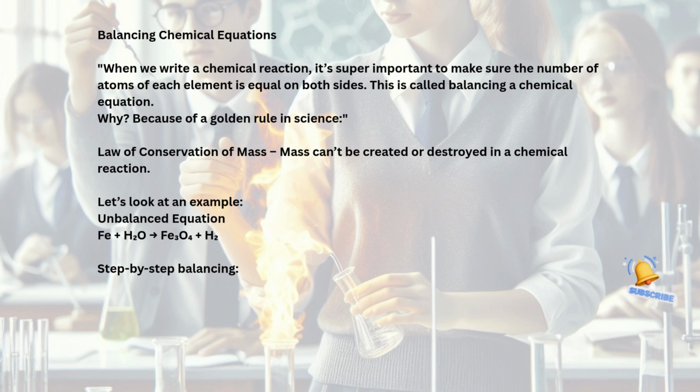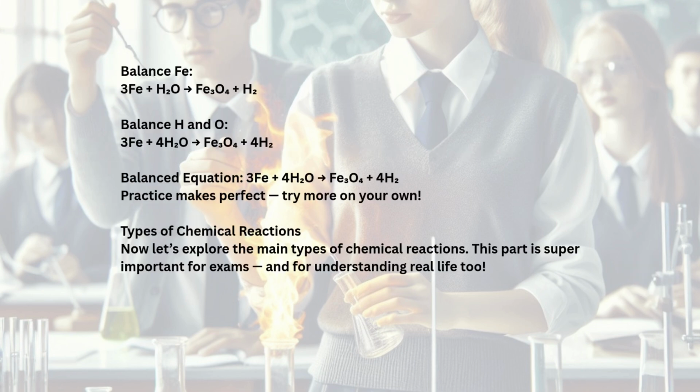Let's look at an example. Unbalanced equation: Fe plus H2O gives Fe3O4 plus H2. Step by step balancing. Balance Fe: 3Fe plus H2O gives Fe3O4 plus H2.